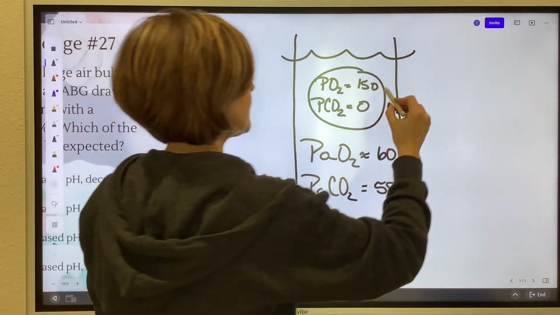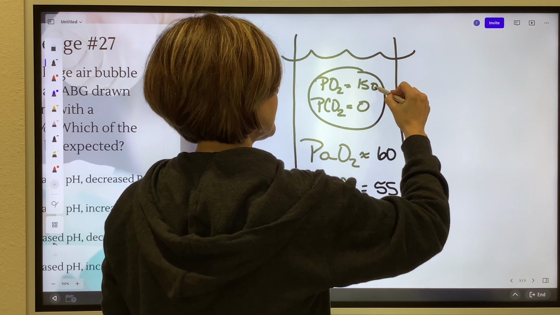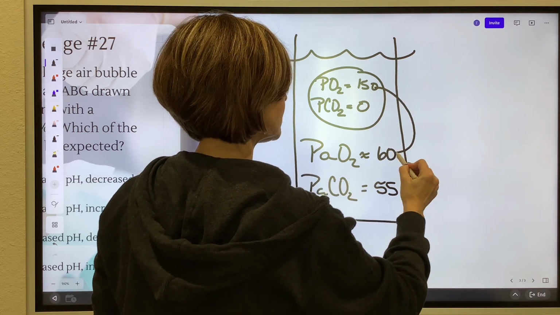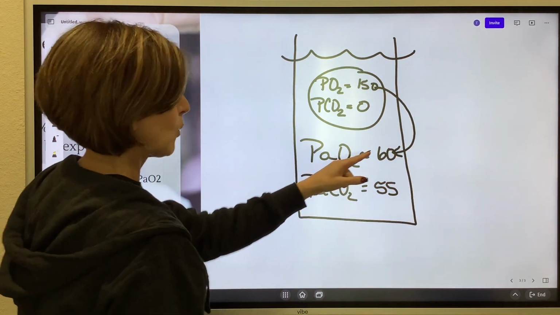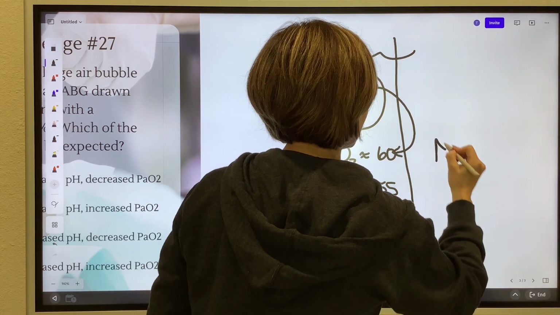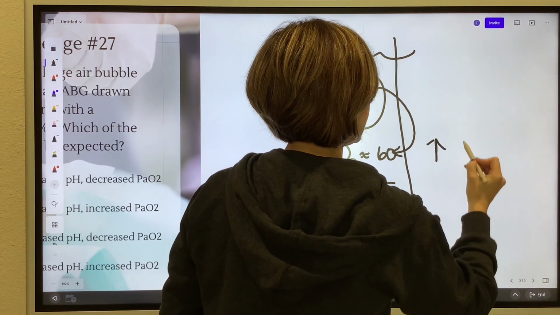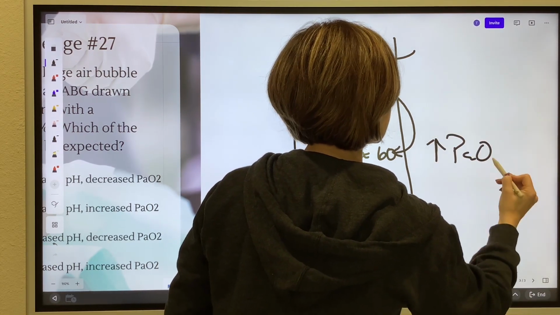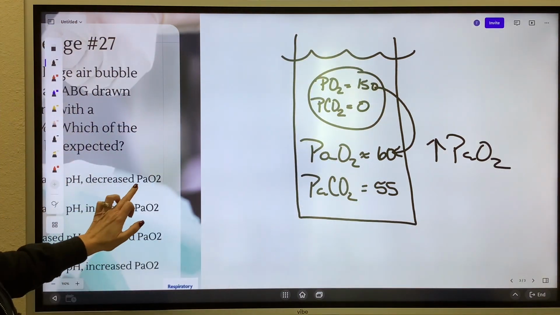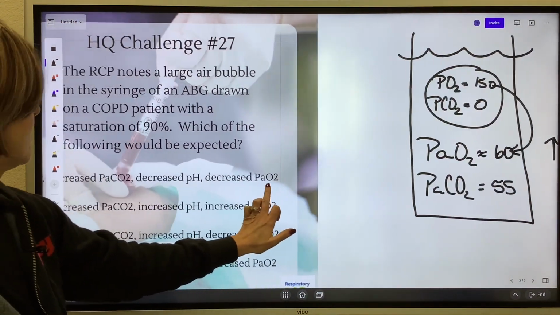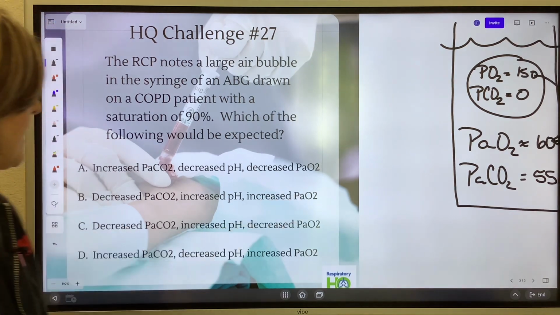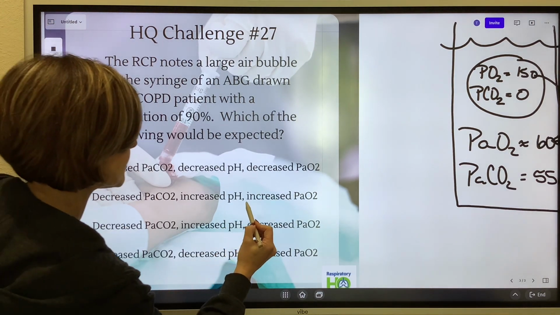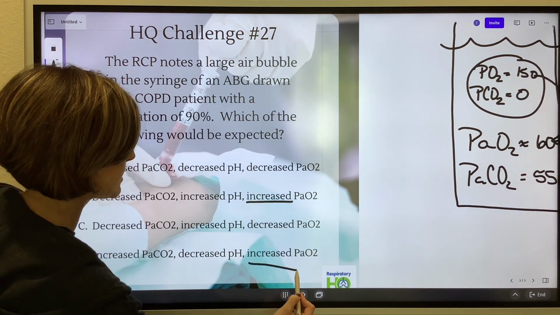So this is going to facilitate diffusion from the air bubble into the blood. And so what will happen now is this will have an elevated PaO2 because of that air bubble. So let's go over here to our slide, and we know the PO2 increases. So it's either this one or this one.